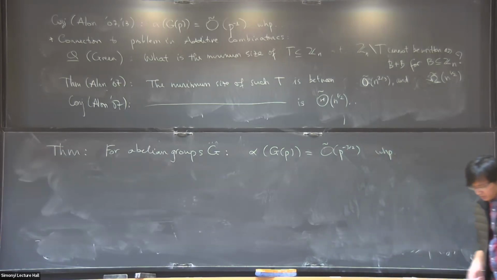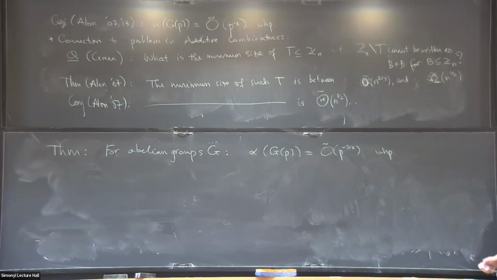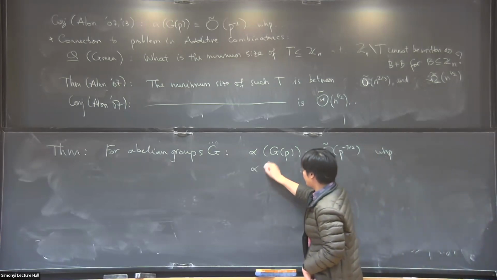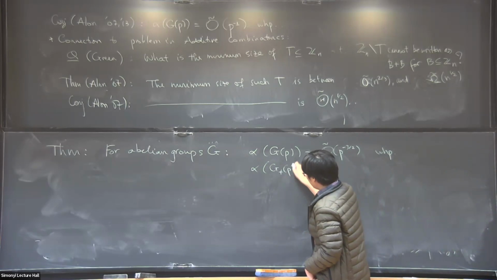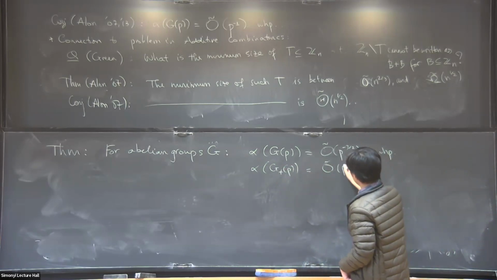So halfway between the conjectured bound of P to the minus 1 and the previous bound of P to the minus 2. And this also holds true for the Cayley sum graph. And we'll get back to the Cayley sum graph a bit later on in this talk.